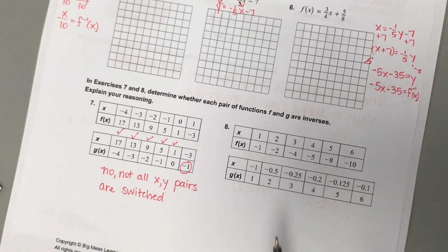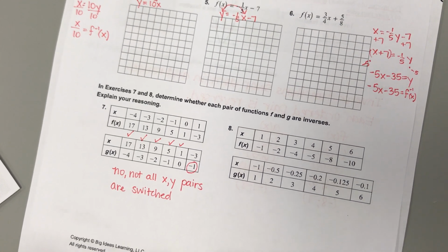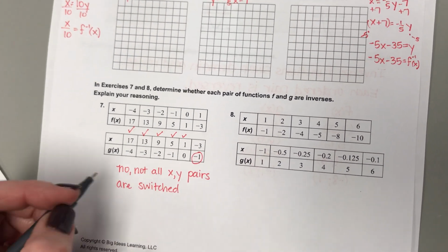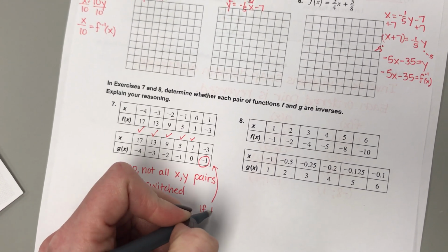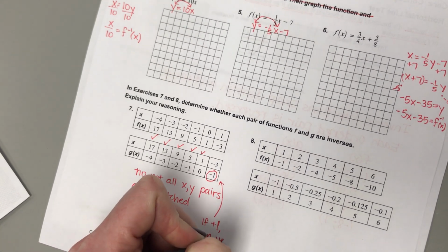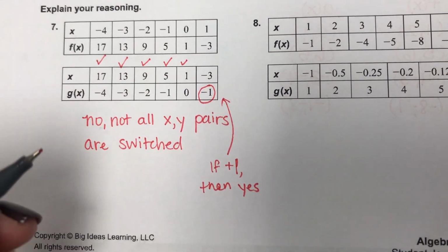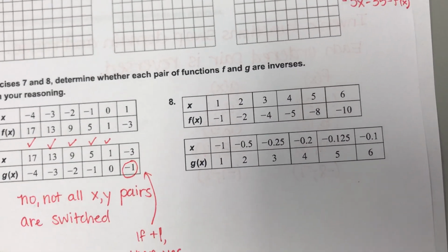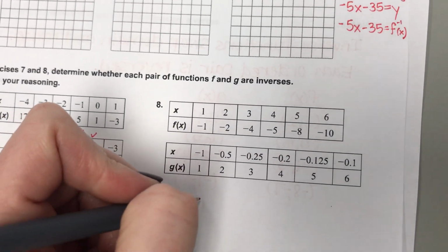So this one didn't work out either. How odd. I wonder if that was a typo and was supposed to be a positive one. However, let's just note, if this was a positive one, then yes. Okay, so good enough. And then this would be the same reasoning, that none of these work, so no.